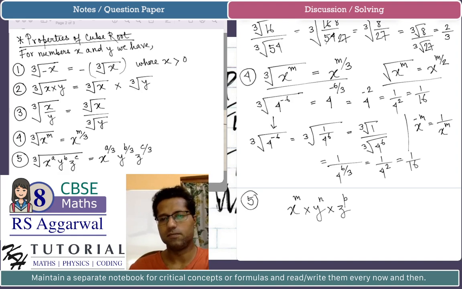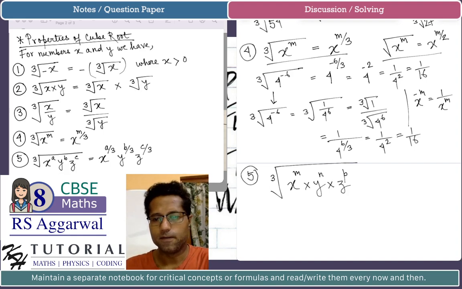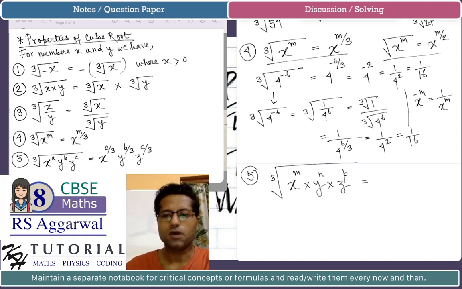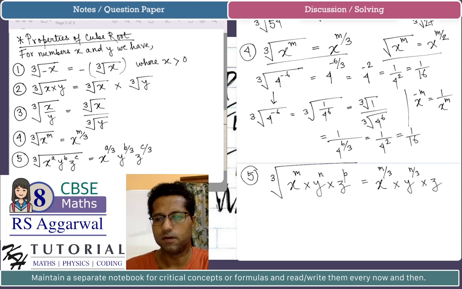This is the given number, and you are asked to find its cube root. So this will be equal to, you just divide all the powers by 3. It will be x to the power m by 3 multiplied by y to the power n by 3 multiplied by z to the power p by 3.